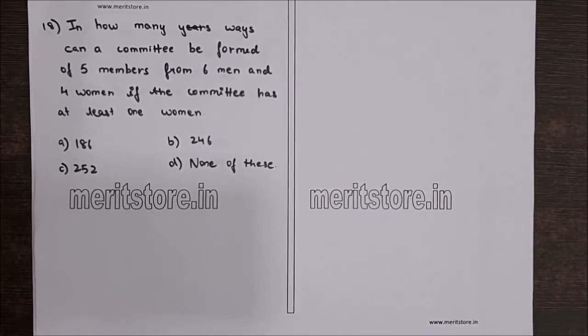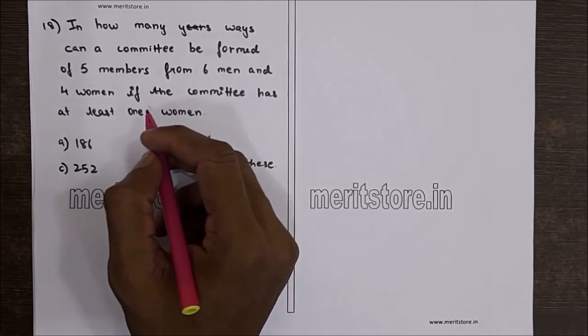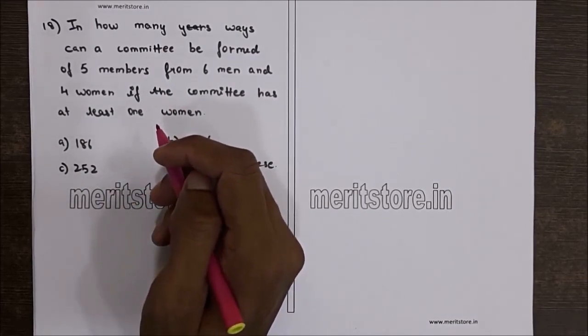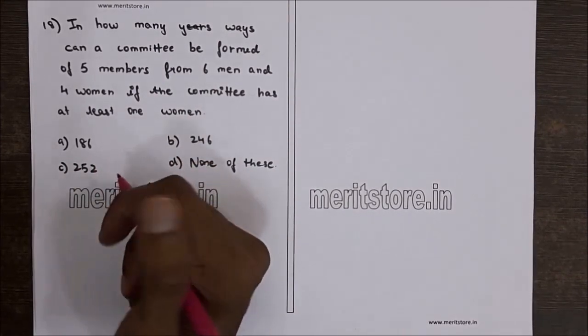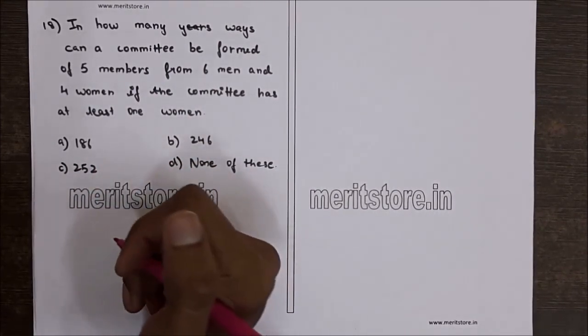Question 18. In how many ways can a committee of 5 members be formed from 6 men and 4 women if the committee has at least 1 woman? We have 4 options: A 186, B 246, C 252, and D none of this.